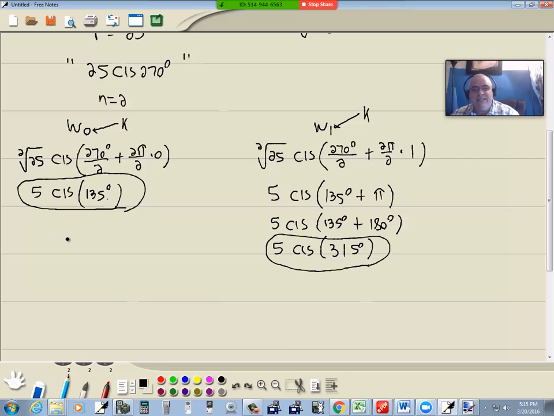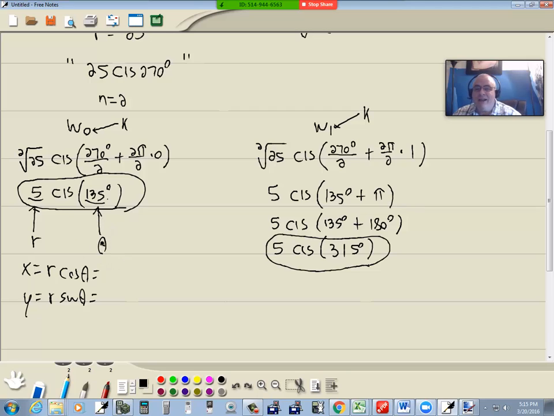But when they say to convert it to rectangular, let's see what happens. This is our r, and this is our theta. So x is going to equal r cosine theta.